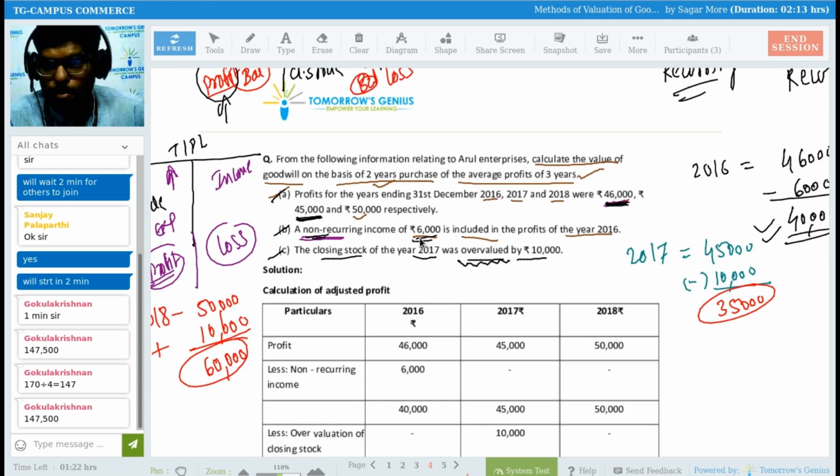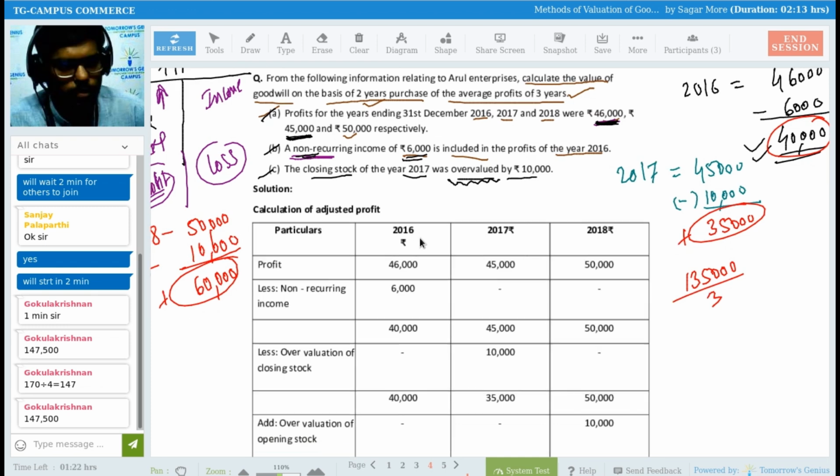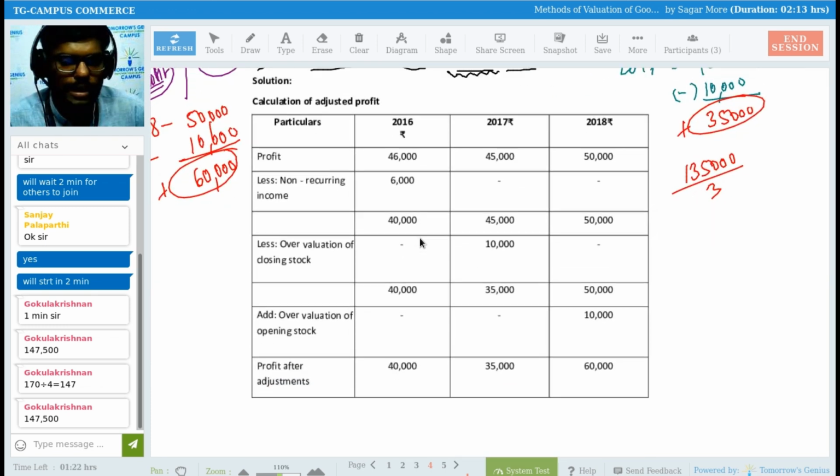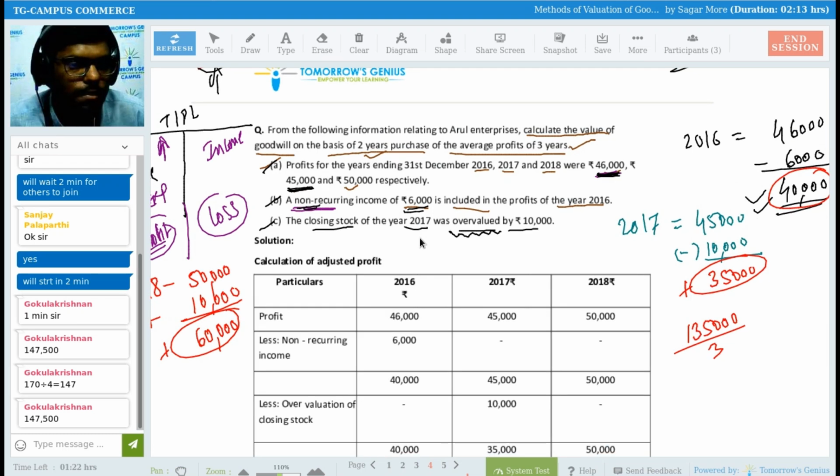Getting it? And this correct profit I can add now, right? So add these profits: 40 plus 35 plus 60 is 1,35,000, divided by 3 is 45,000. So 45,000 is my average adjusted profit.